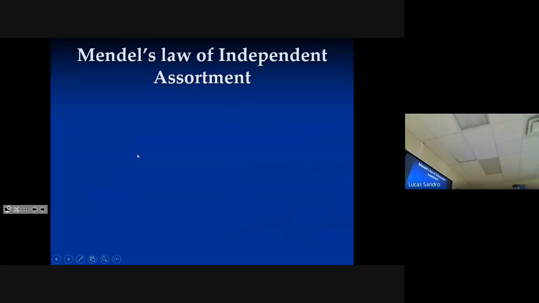Then next question. After discovering dominance and recessiveness and segregation, his next question was, well, what if I start to cross pea plants from different gardens?